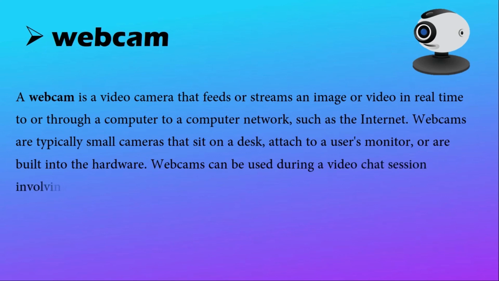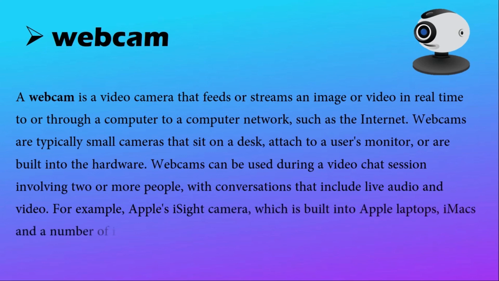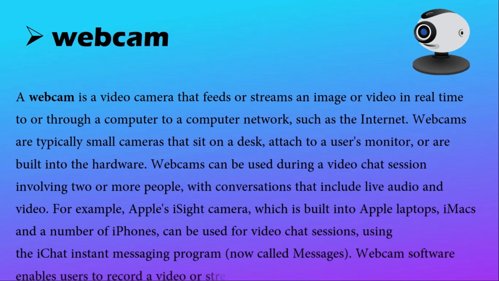Webcams can be used during a video chat session involving two or more people, with conversations that include live audio and video. For example, Apple's iSight camera, which is built into Apple laptops, iMacs, and a number of iPhones, can be used for video chat sessions using the iChat instant messaging program, now called Messages. Webcam software enables users to record a video or stream the video on the internet.